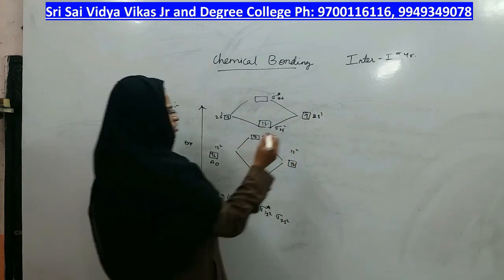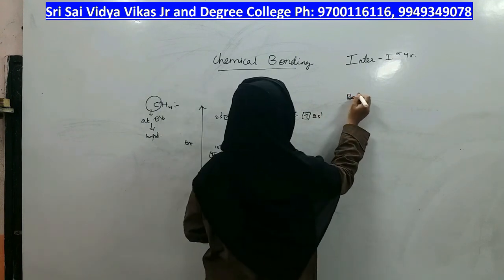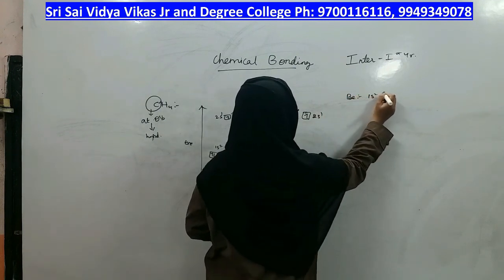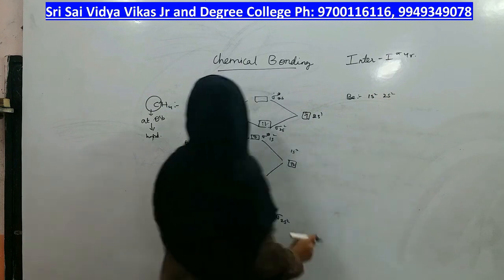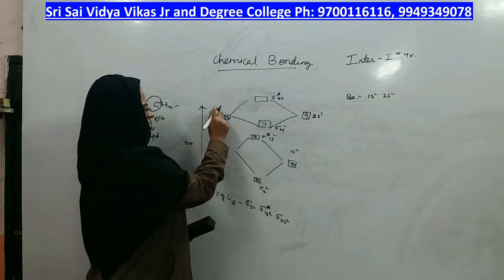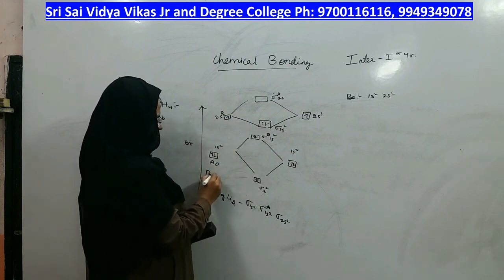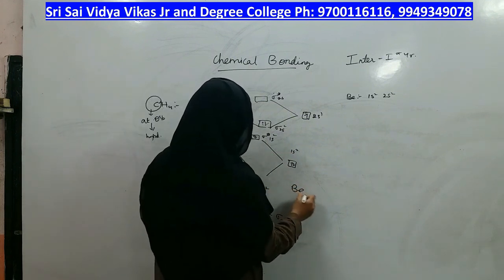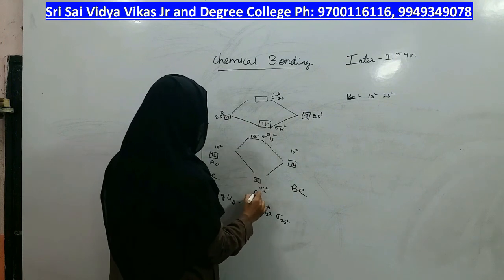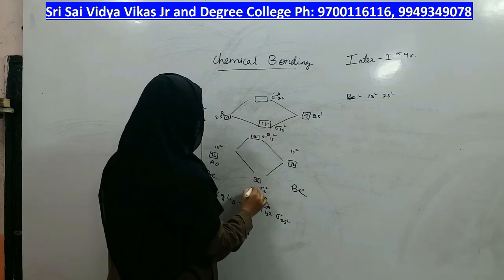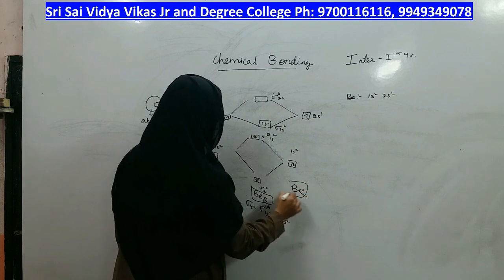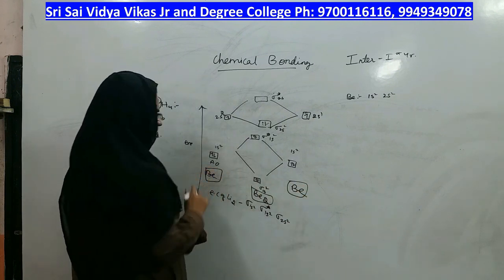What is the electronic configuration of beryllium? 1s2, 2s2, right? So 1s2 is this, 2s2 is this. This is one beryllium, this is another beryllium. What is this then? Beryllium molecule.